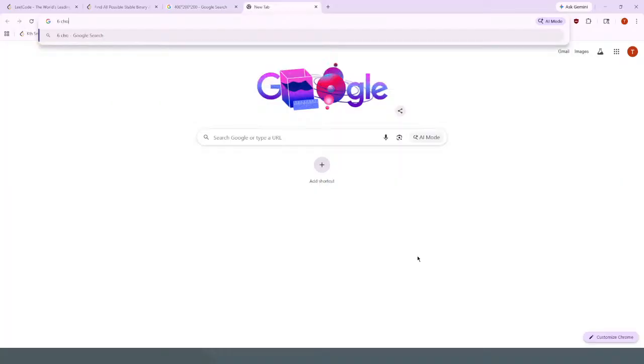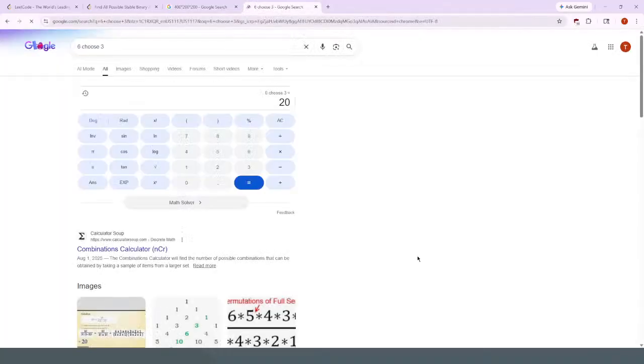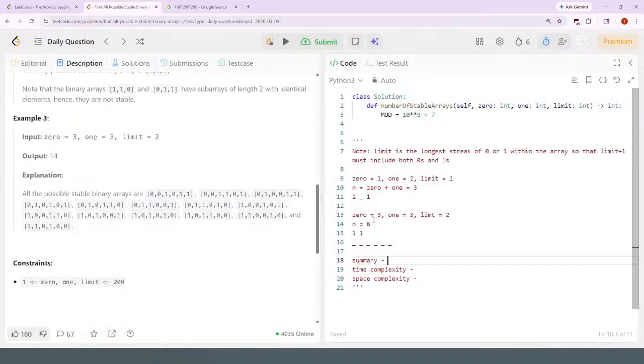Where does 6 choose 3? I'm guessing it's 30, right? No, 20. 20. And then of those 20, there's 6 where there's some sort of streak of 3.